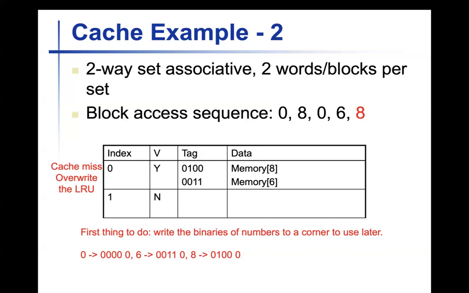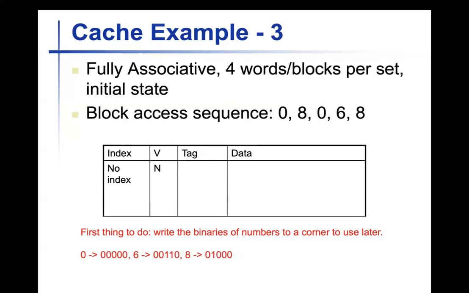We can make it more associative. For example, if a cache is fully associative, it's not going to have an index. So I have 4 words or blocks per set, and I only have one set available for me in this fully associative case.